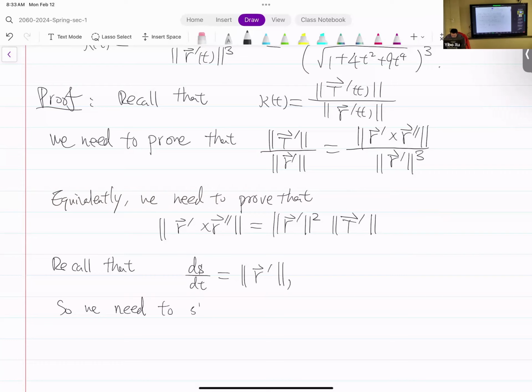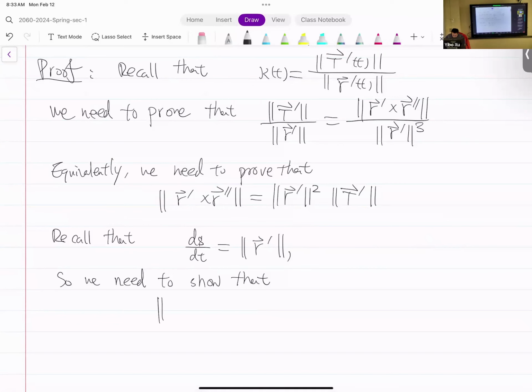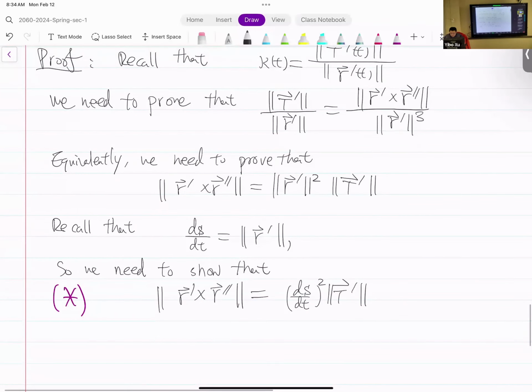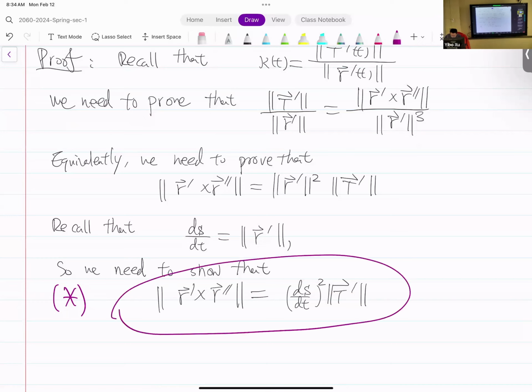We need to show that the cross product has the magnitude ds dt squared times the magnitude of cap T prime. So this is the equation which we call star. So if we want to prove the formula that we want, essentially we just need to prove this. If this is established, then everything is good.